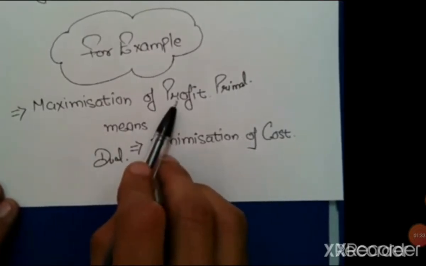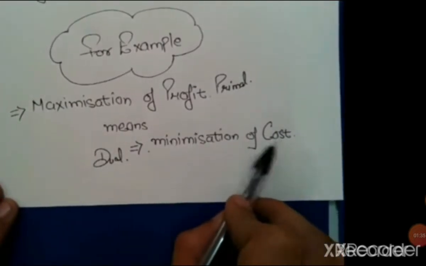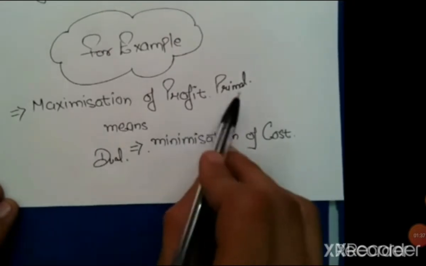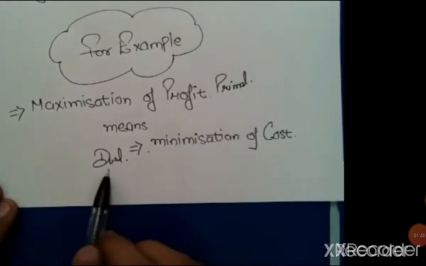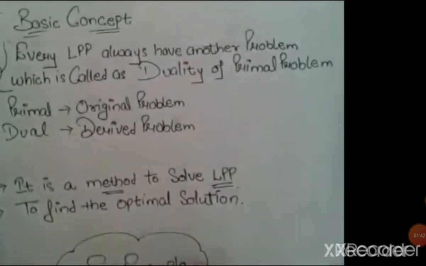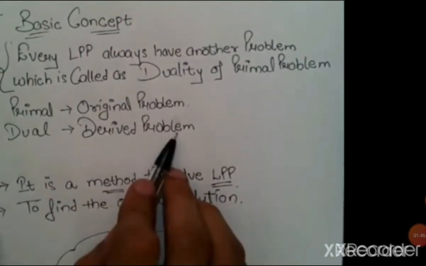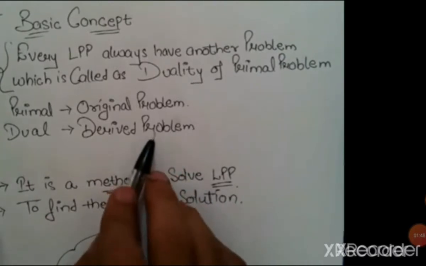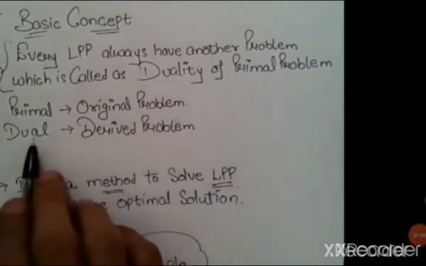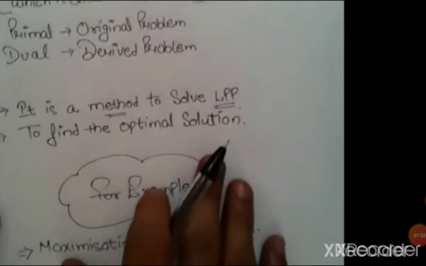So two problems are there. The first is the primal problem, which is maximization, and the second problem is minimization, in the same problem. The primal is the original problem, and from the original problem itself you can derive a dual problem.